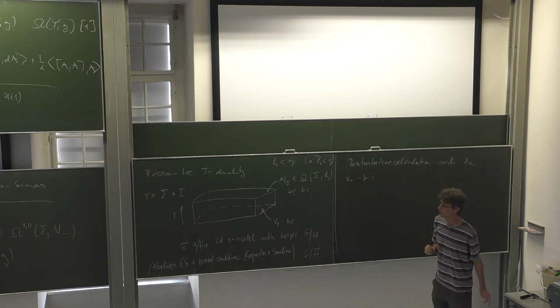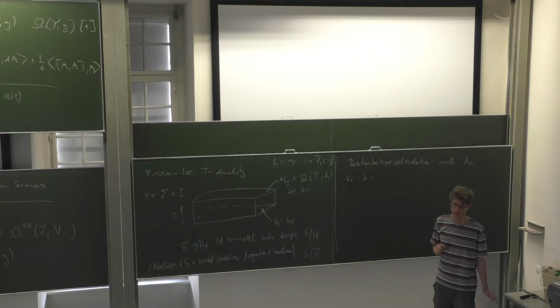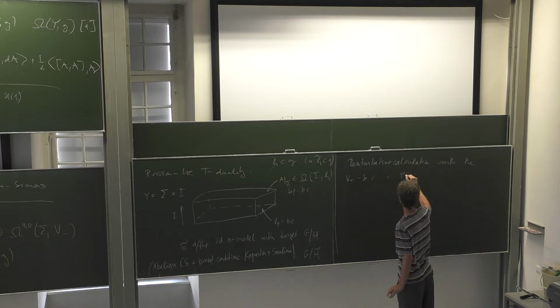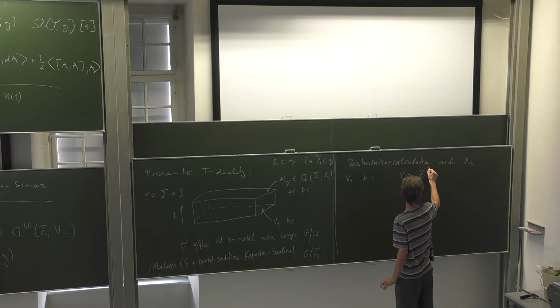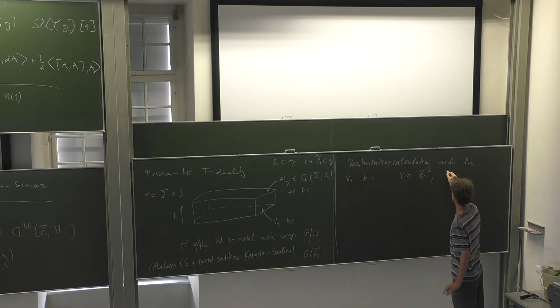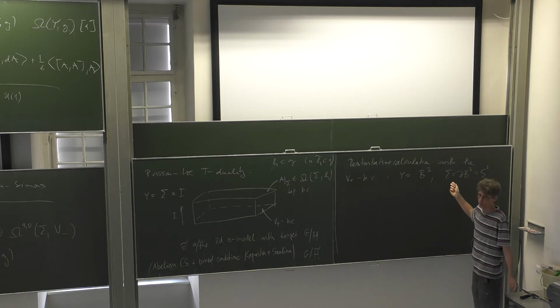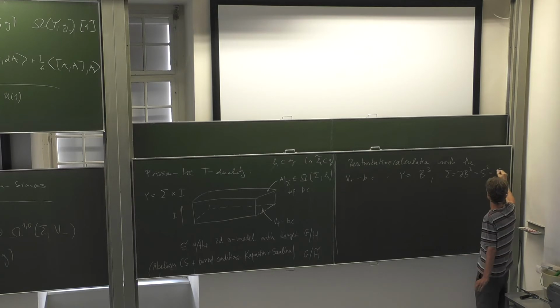For my Y, I will take simply a three-dimensional ball. So Y is going to be just a three-dimensional ball, so sigma, that's the boundary, is just S2. And for the complex structure, we just take the standard one. This is CP1.